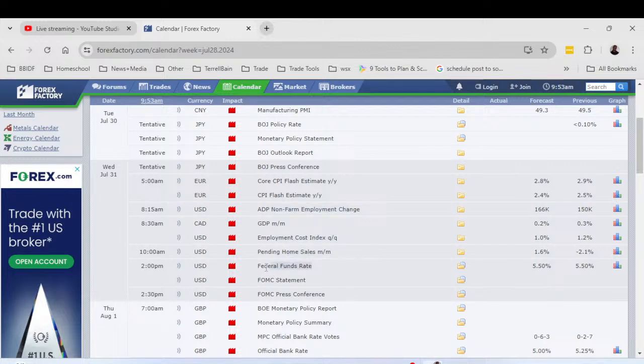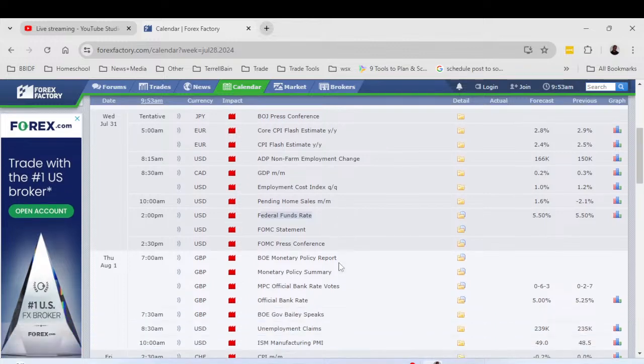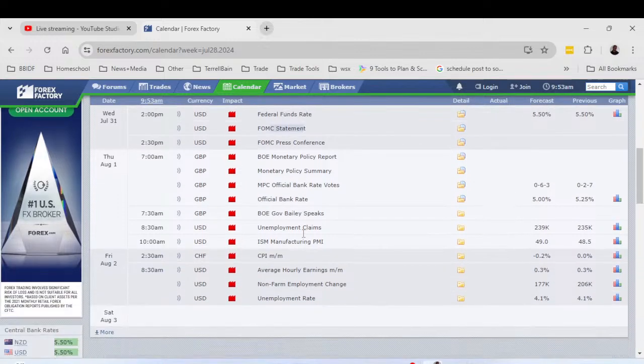We got the funds rate, so this is going to be interest rates. And if they don't raise it, boy oh boy, it's going to be an issue. FOMC, so Wednesday is going to be a big day. Thursday, we got unemployment, ISM. Those are huge movers. And then Friday, we got non-farm employment and unemployment with the hourly earnings.